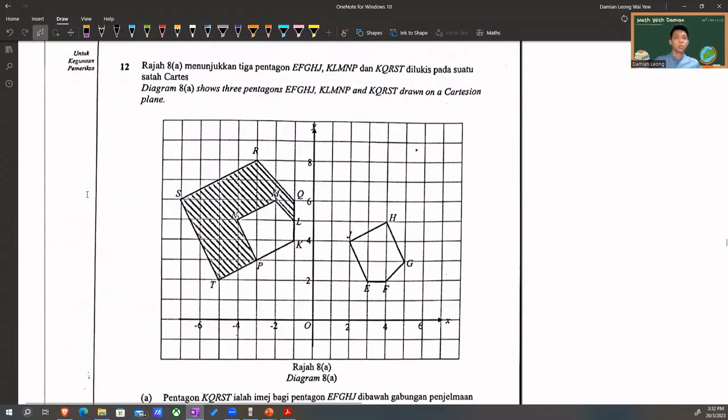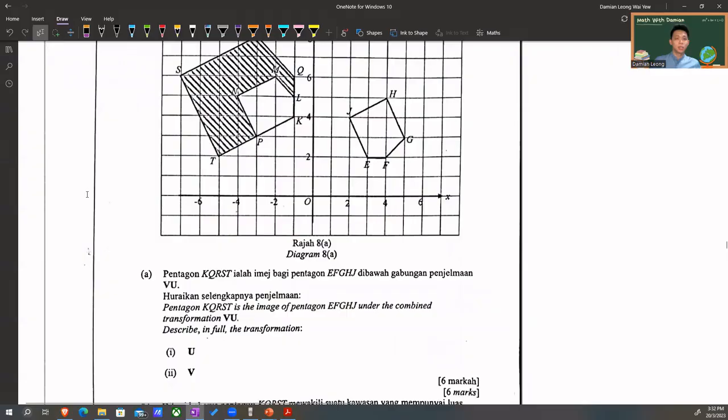So I want to describe in full transformation U. Transformation U, look at the angle of it, this is rotation. Okay, this is definitely rotation. So rotation of 90 degrees.